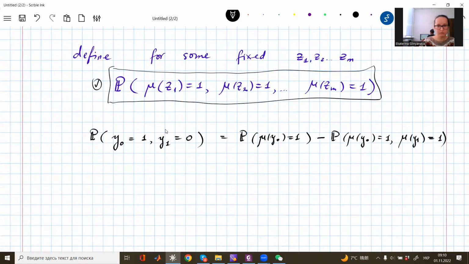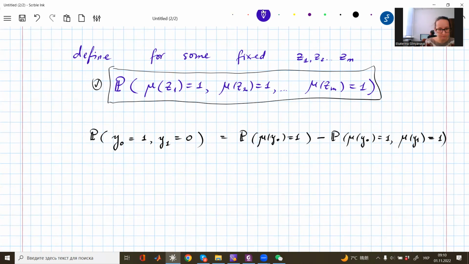So this is the main idea which leads to the factorial moments. And how can we see this? Let me write the following. Let us consider this event by itself.